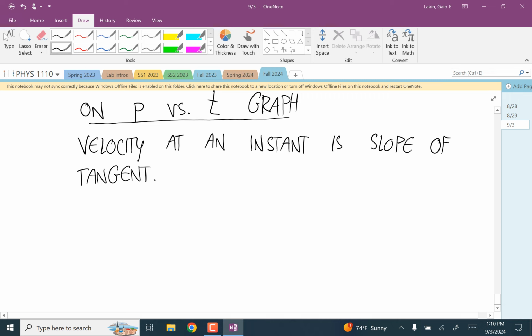Okay, so for example, if this is a position versus time graph, position is this way, time is this way.